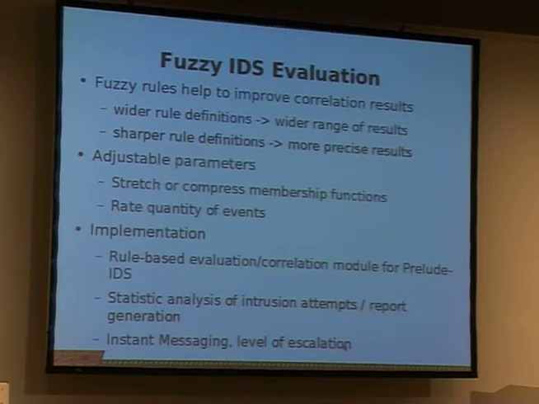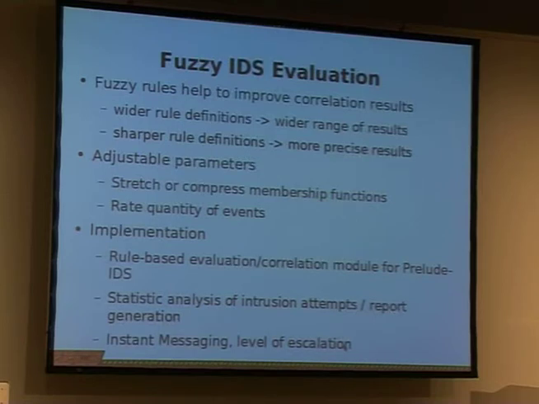If you do wider rule definitions, you will get a wider range of results, of course. Doing the opposite and using more precise, sharper rule definitions, you will get a more precise result, but in a narrower band. You have adjustable parameters to stretch or compress the membership functions to catch more or fewer events.